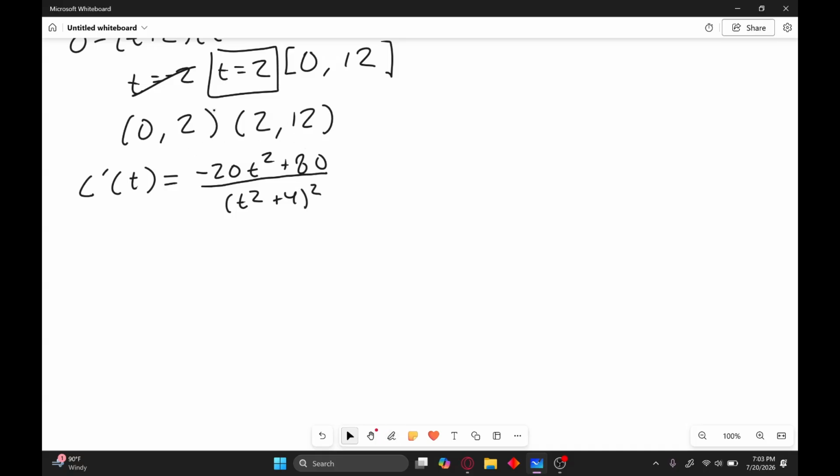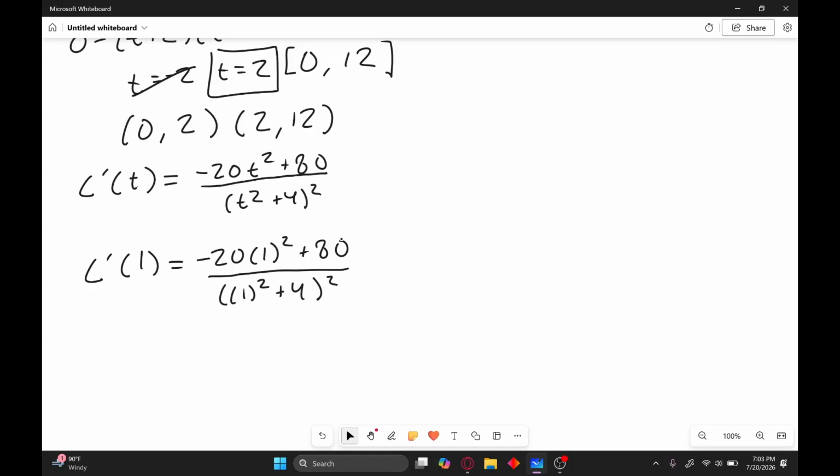So now we can plug in a 1 because that's in between this interval. So C prime of 1 equals negative 20 times 1 squared plus 80 over 1 squared plus 4 squared.